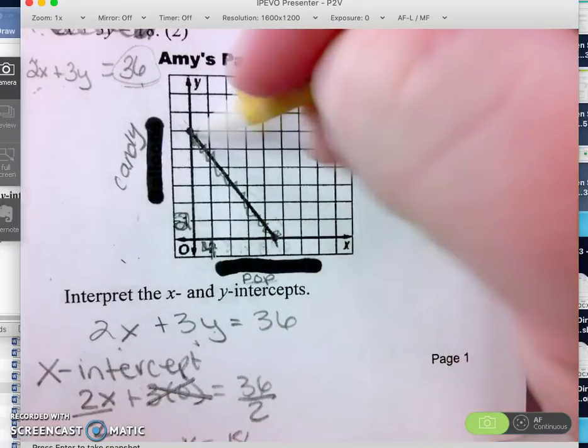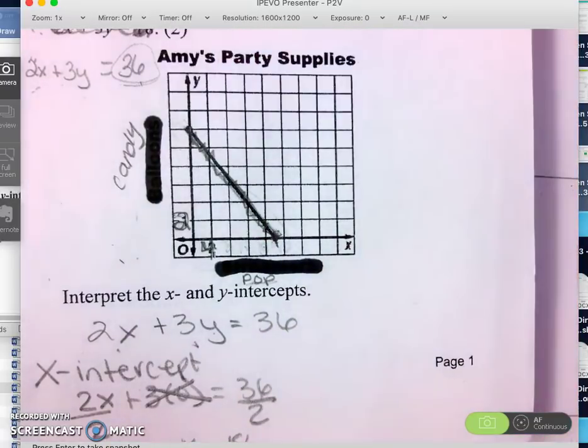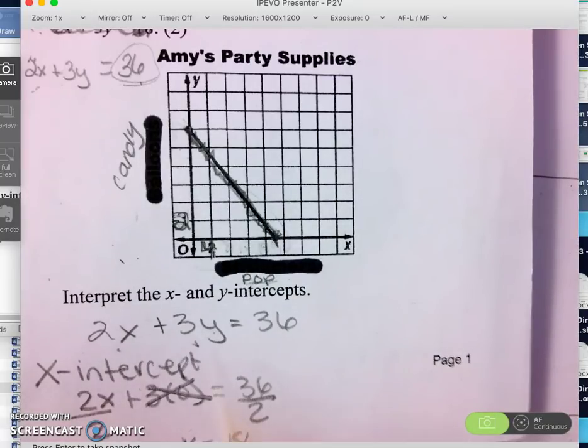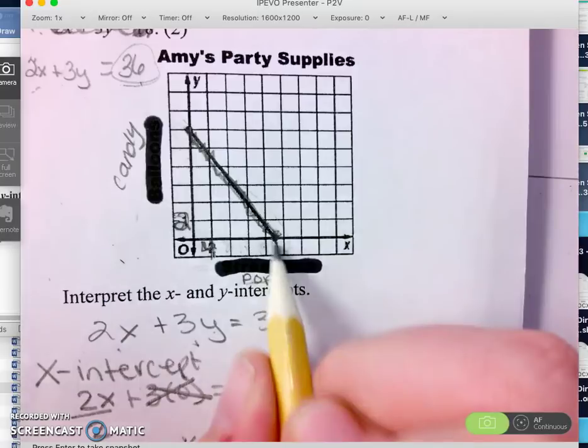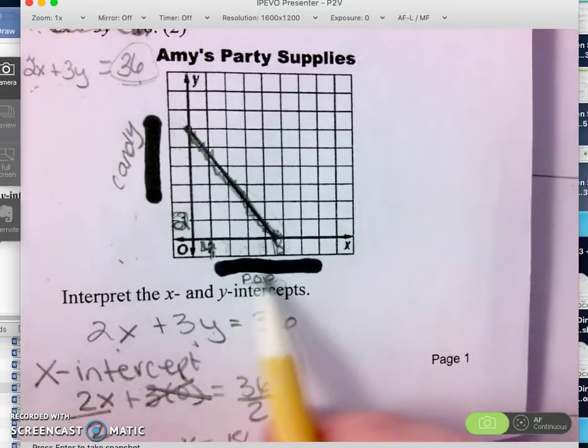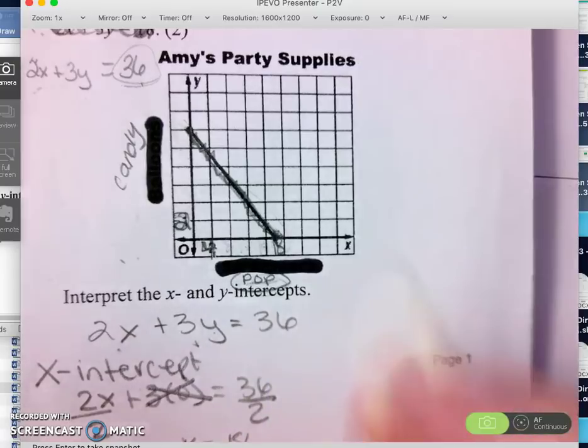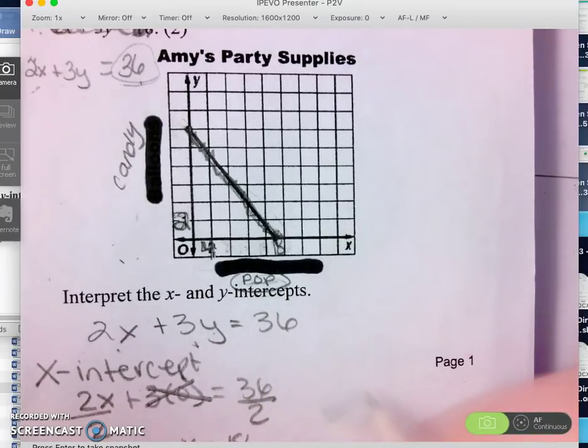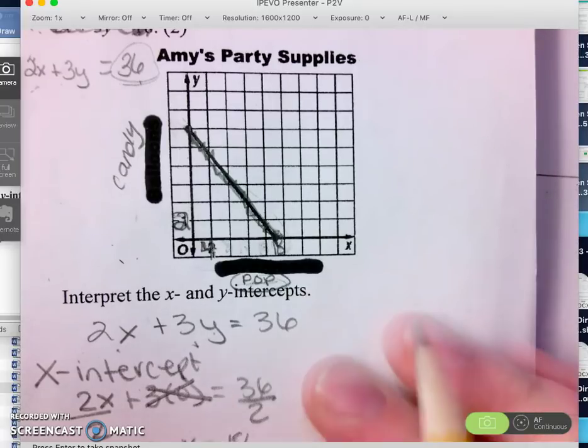So this graph would be right for this. So my x would be 18. What does that mean? Well, I can buy 18 pops, but no candy. And you are going to want to write that. 18 pops, but no candy, 0 candy.